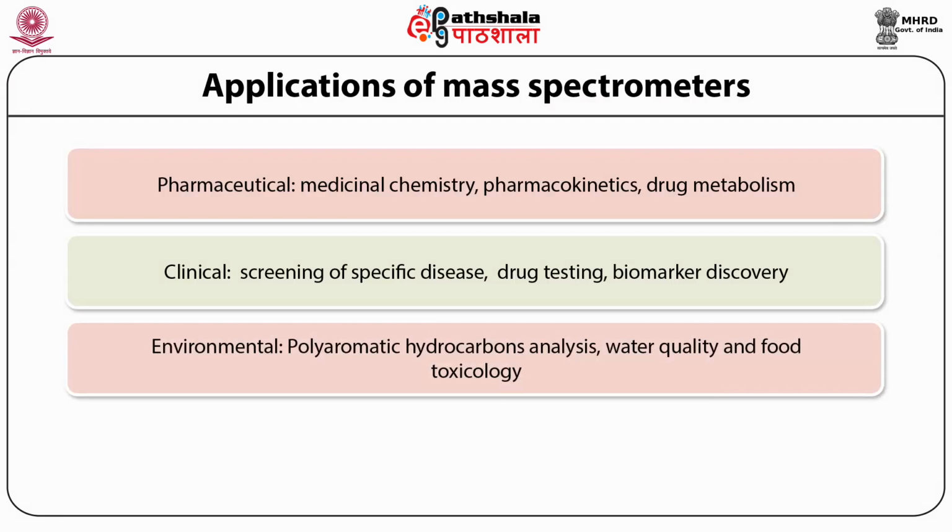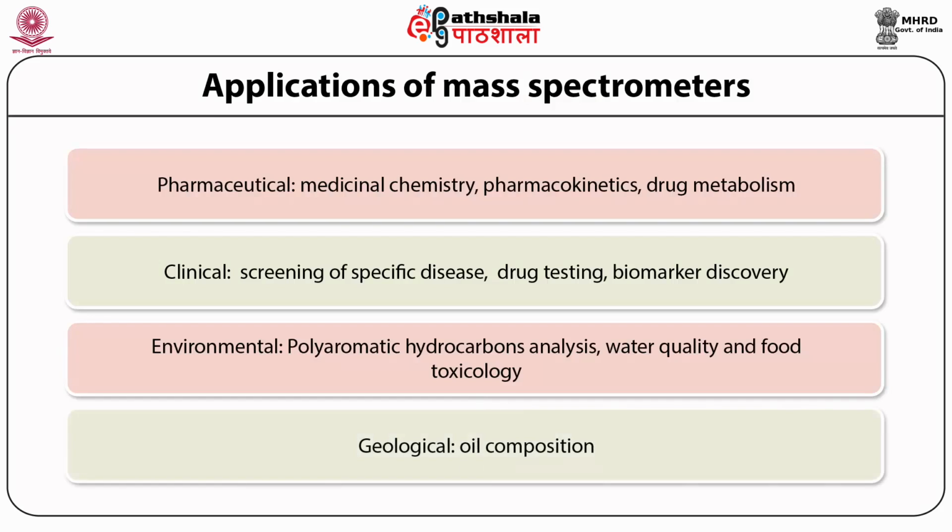Likewise, environmental analysis of polyaromatic hydrocarbons, water quality or food toxicology can be done with the help of mass spectrometry. Likewise, geological analysis like oil composition can be seen with the help of mass spectrometry.